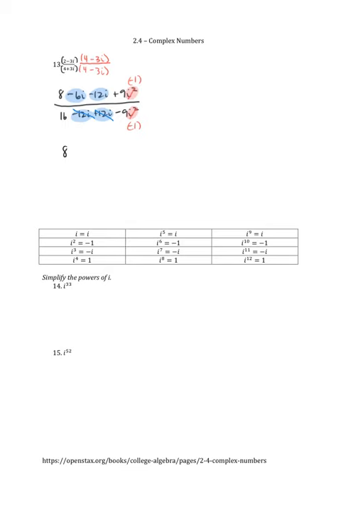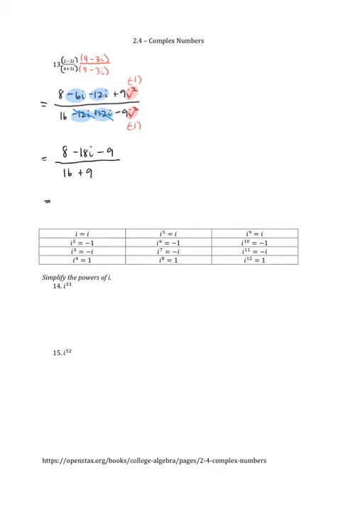So 8, negative 6i minus 12i is negative 18i. 9 times a negative 1 is negative 9. And on the bottom we have 16. Negative 9 times negative 1 is plus 9. So now we're going to combine our like terms. On the top we have 2 real parts, and on the bottom we have 2 real parts.